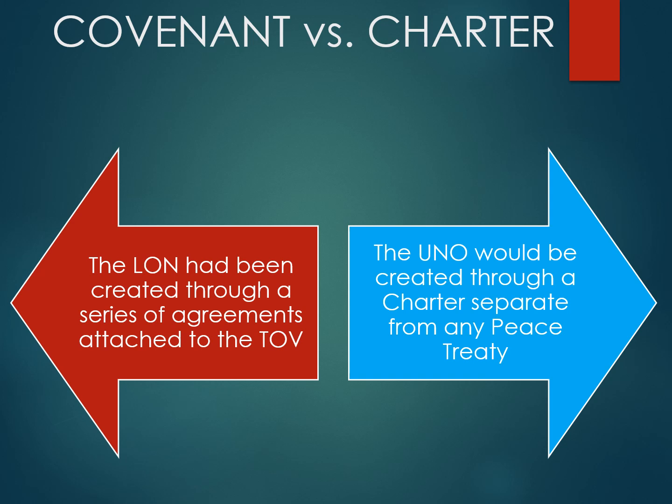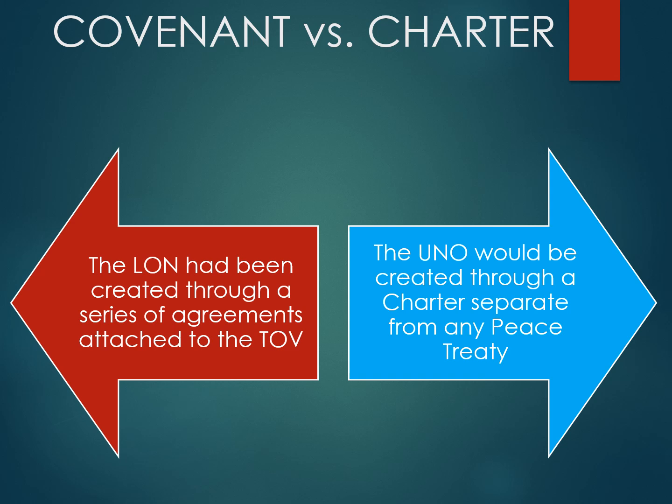They thought it best that the UN Charter be created separately from any kind of peace treaty. This is why the San Francisco Conference, where the UN Charter was created, was not a part of the peace treaty or peace conference held after World War II. In fact, the war was still going on at that time.